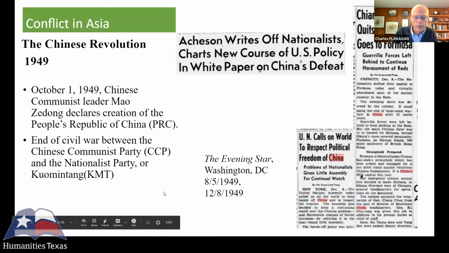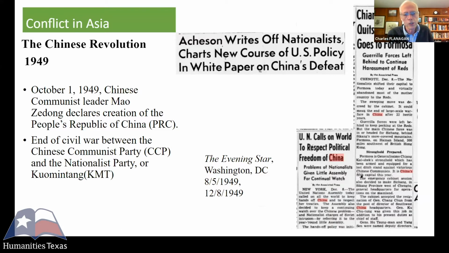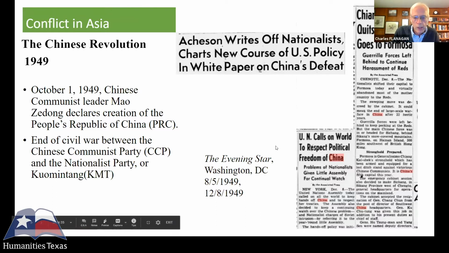So about a week later, it gets worse because in addition to worrying about whether the Russians have the bomb, we're worried about the Chinese revolution, because the communists have won that revolution. And so Chiang Kai-shek and his non-communist party are forced off the mainland, and Mao Zedong and the Communist Party are now taking over. How will the U.S. respond to that? We just allowed communism to expand.